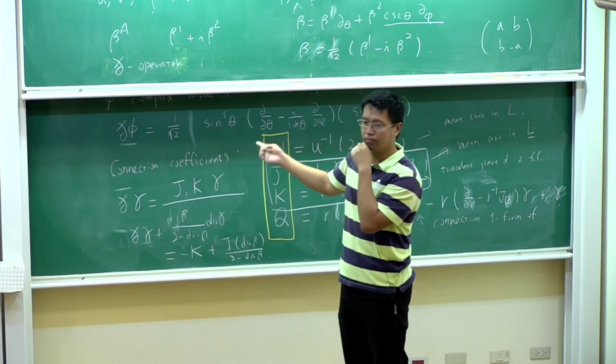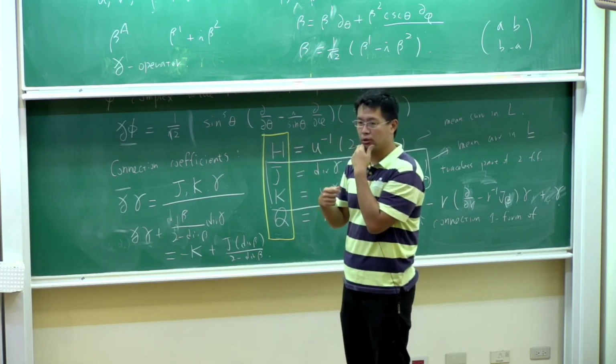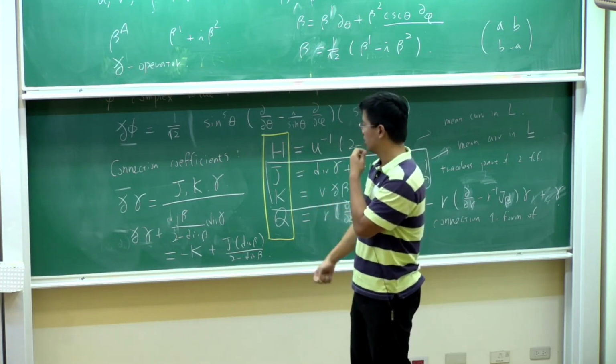For example, if beta has some power series expansion, this should be an elliptic equation for gamma.